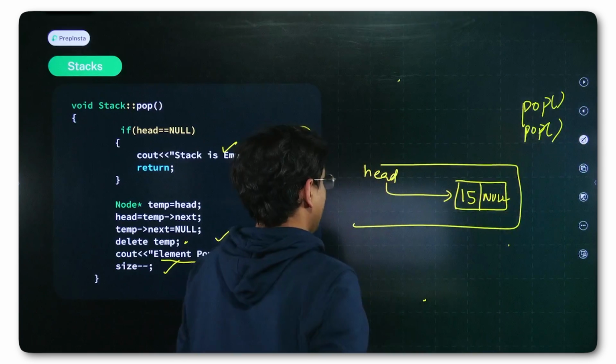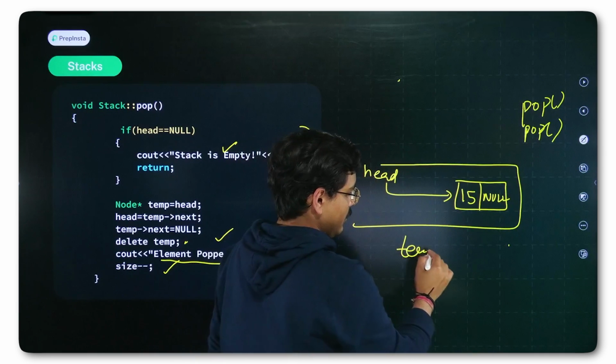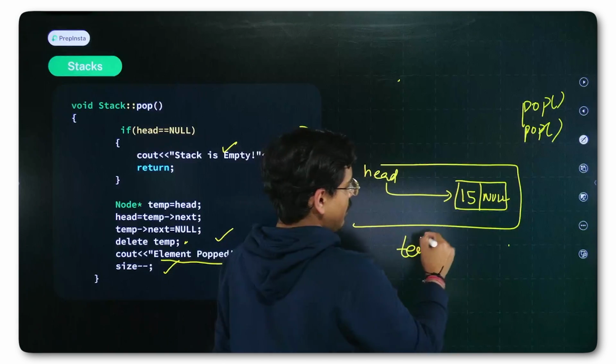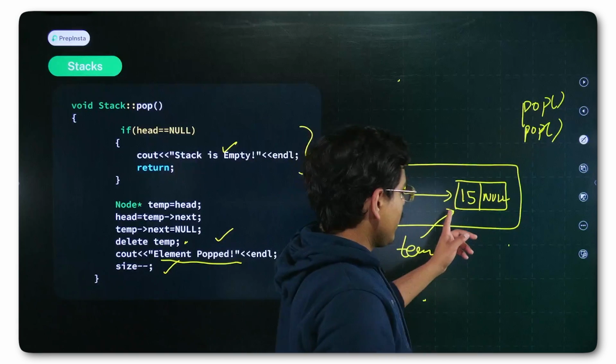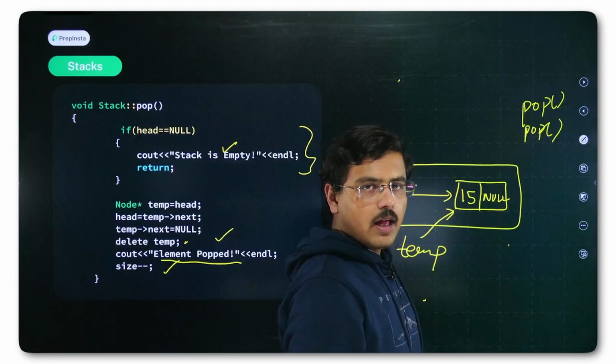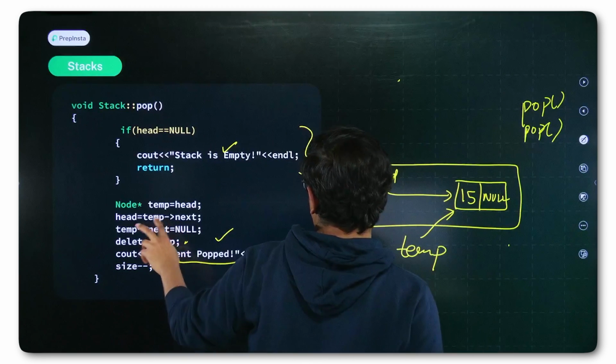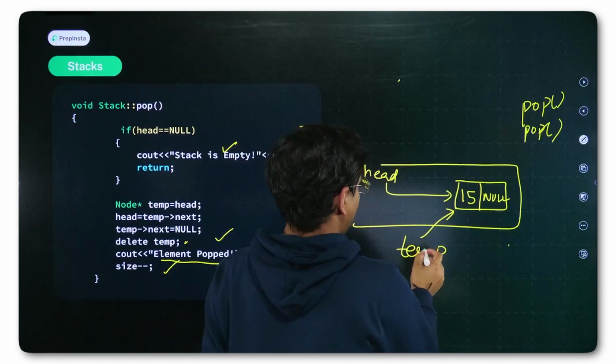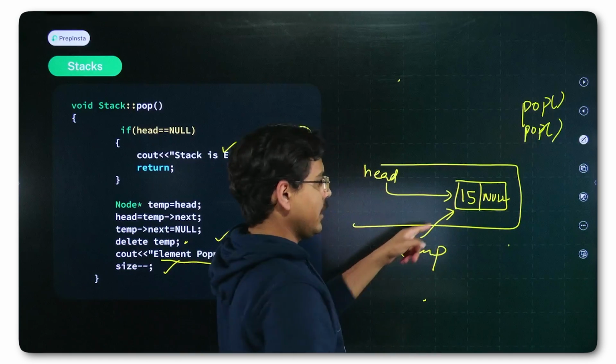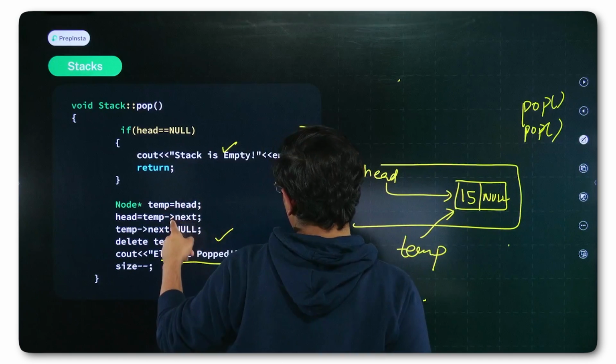If I do the pop again, temporary is a pointer that is established. For this next portion I have null, so basically head will start pointing to null. I copied the value of head to temp, so temp starts pointing to 15. I go to the second step.